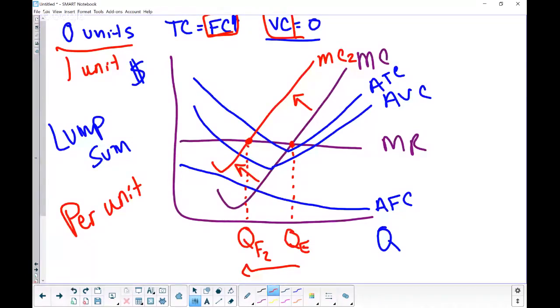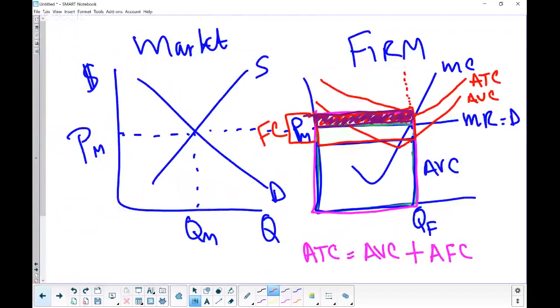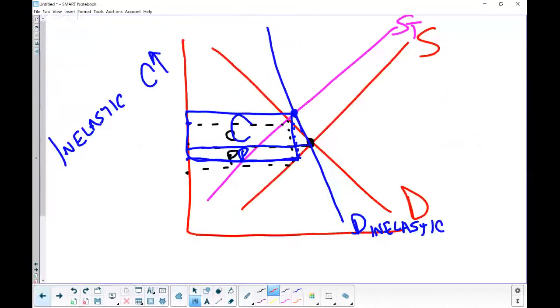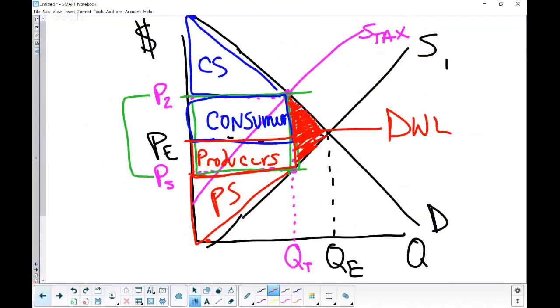In terms of the price changing and whatnot. Okay, because again, this is a per unit tax on the firm. It's not on the market. Now if we went to the market and we did a per unit tax on the market, we would see that we're actually going to increase the price.